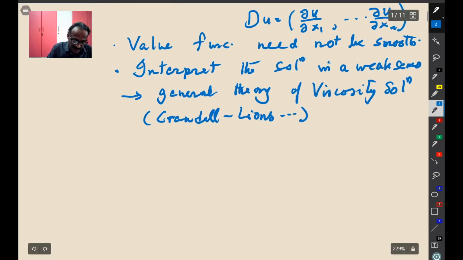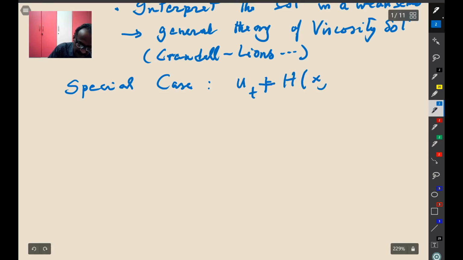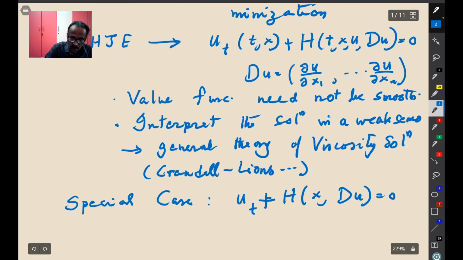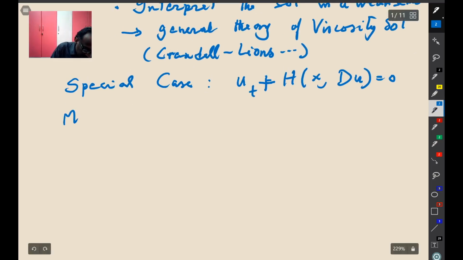So we will study a special case, where H does not depend on u: u_t plus H(x,Du) equal to 0. So there is no explicit dependence on t or u there.